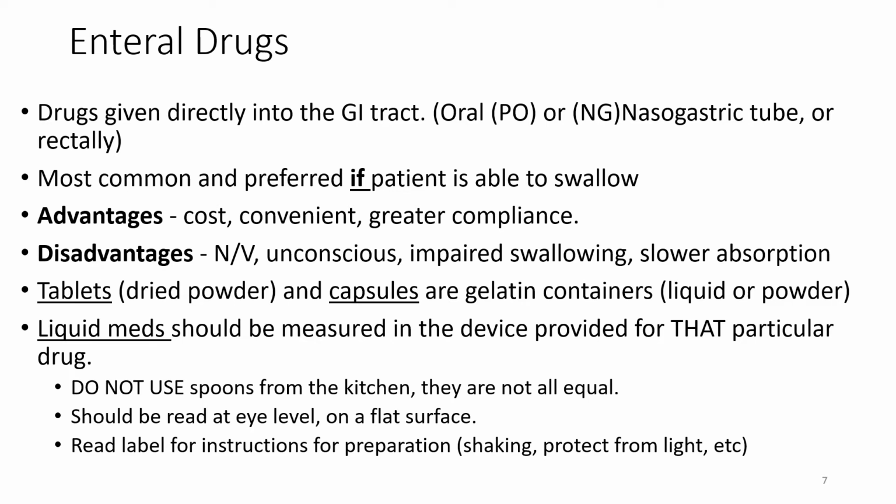That measuring device is specific to that medication. So do not use your kitchen spoons, okay? A teaspoon from your kitchen is not the same in measurement as the measuring cup from the pharmacy, okay?